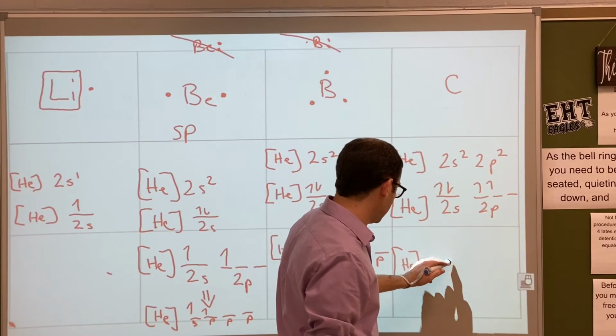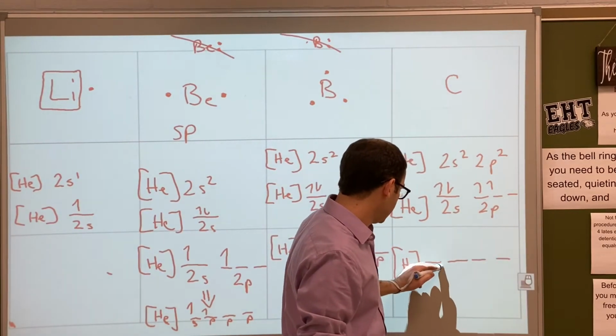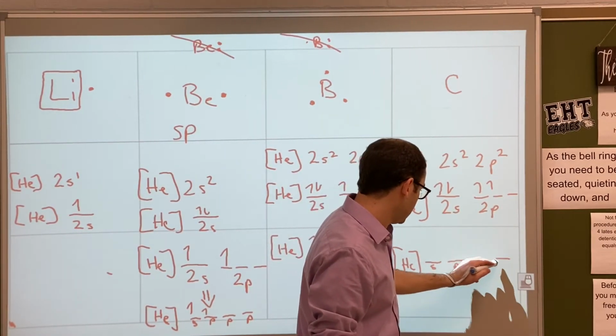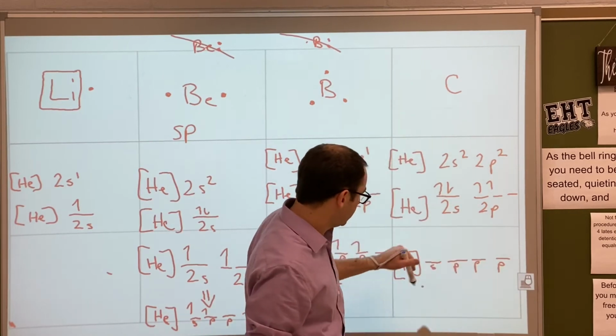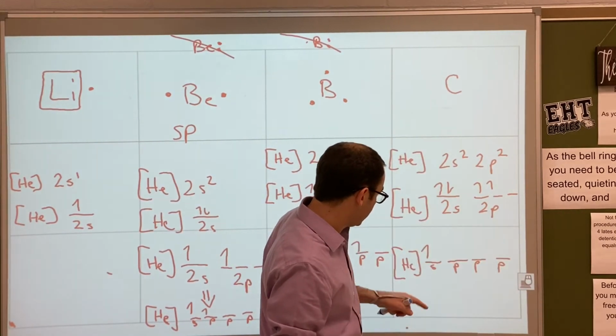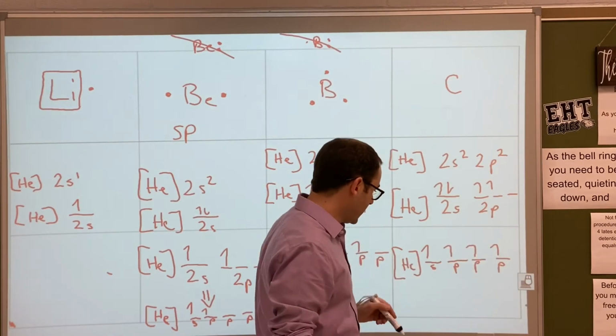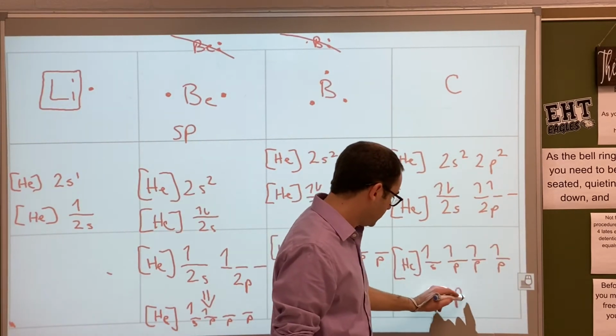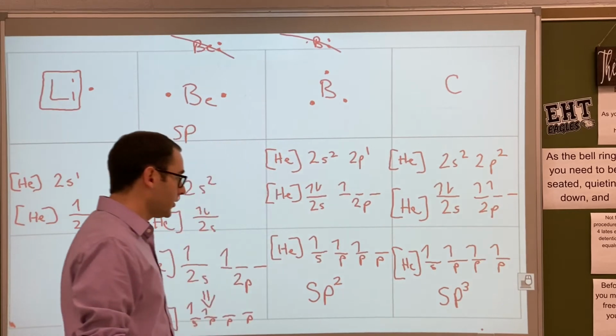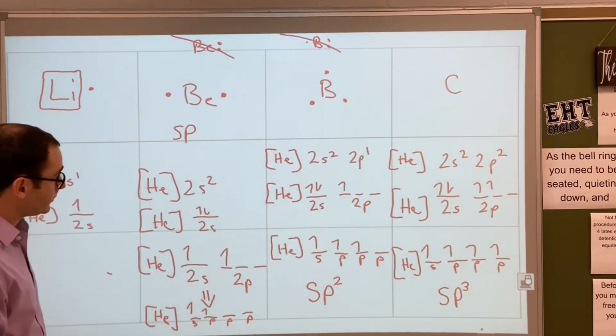So we'll have 1, 2, 3, 4. This is our S, P, P, P. And we moved one arrow from the S over to the P. So now this one would be sp3. All right.